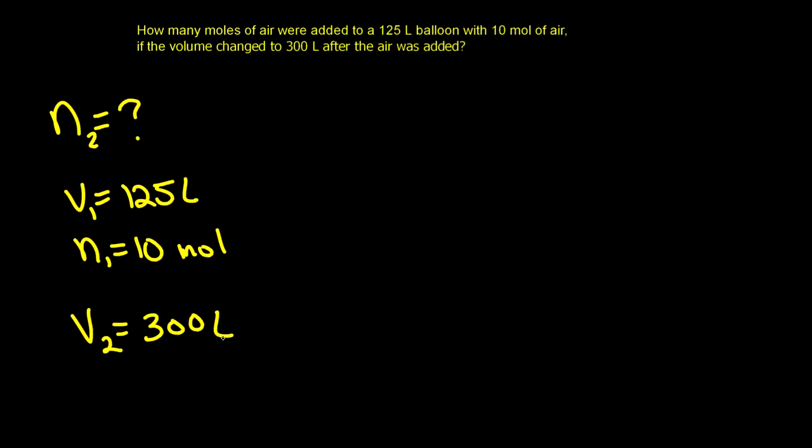Now, one important thing about this question, it says how many moles of air were added. So once we get to the end of this problem, we'll have an additional step. Well, let's just do the first part to get started. So this is Avogadro's law. I know that because I got moles and volume.